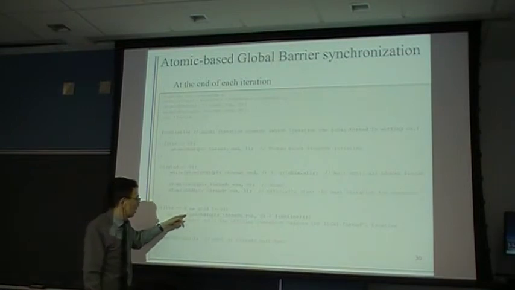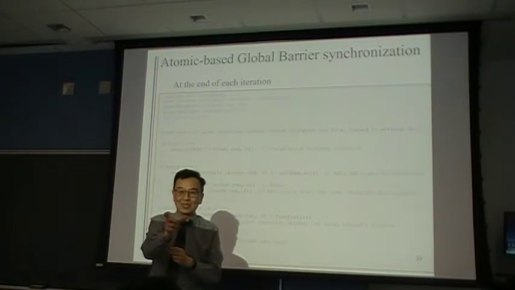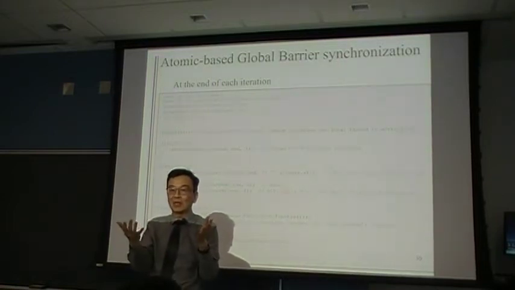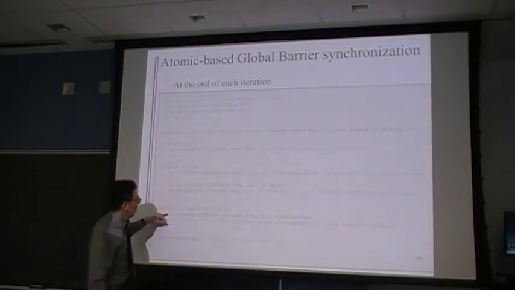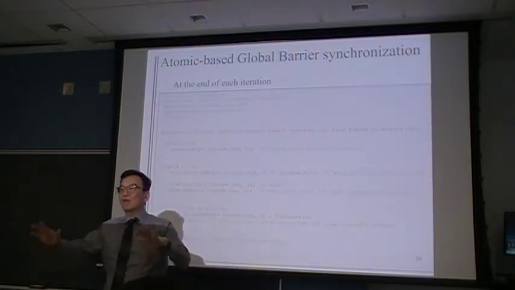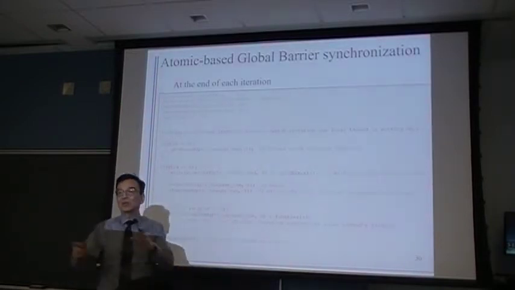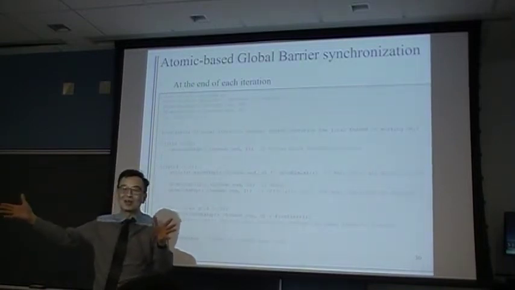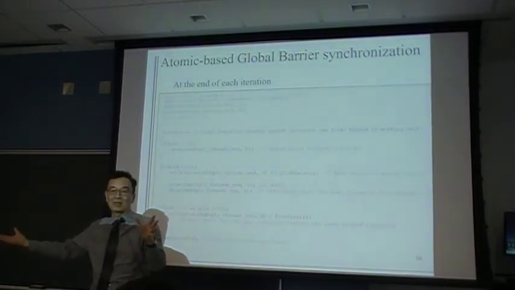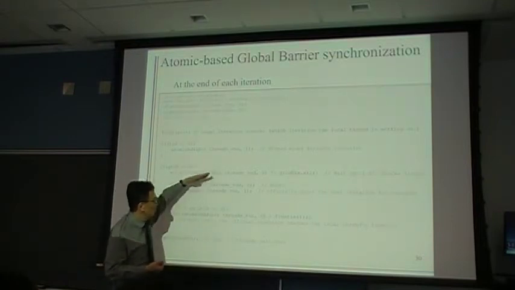Each of these head threads coming out of the while loop will release the sync threads in the thread block. But that's okay, because the only reason they can leave this barrier is because everyone else has already reached this point. So then you can independently release all the sync threads barriers of individual thread blocks. Okay, it's a little bit conservative, but it guarantees that everyone truly has reached this point.